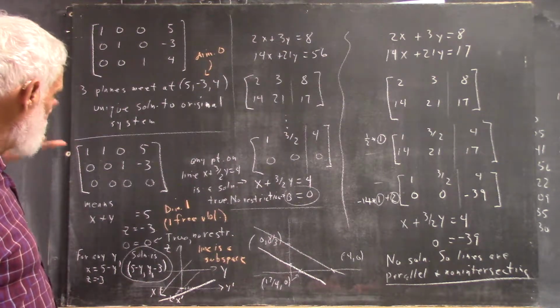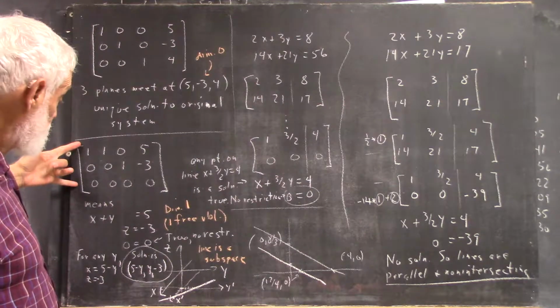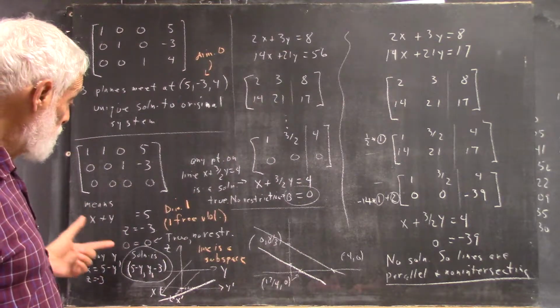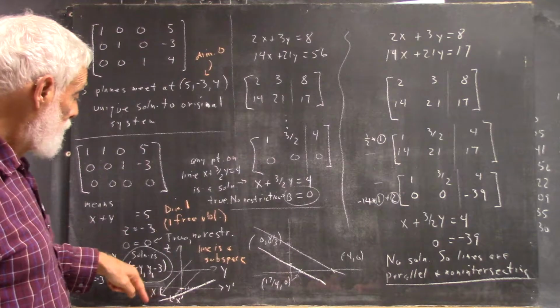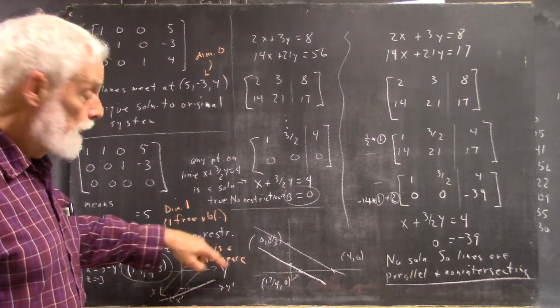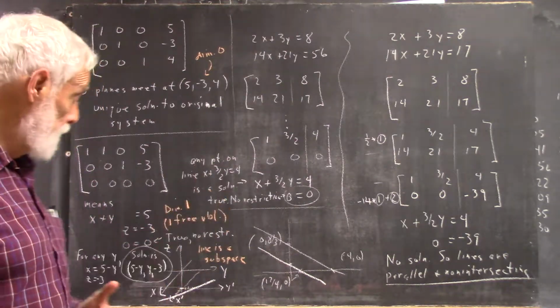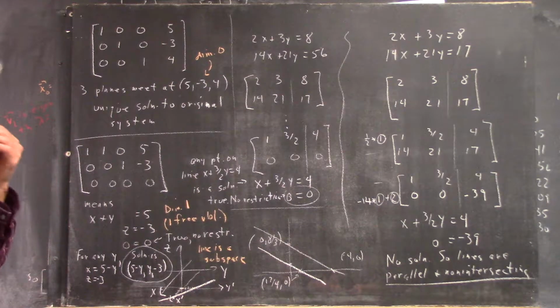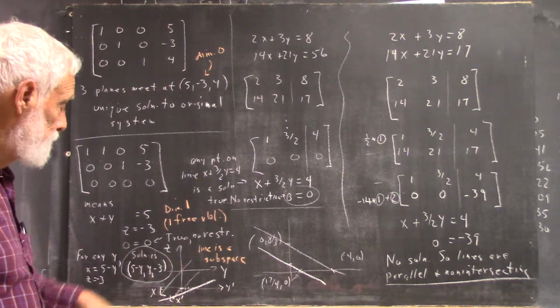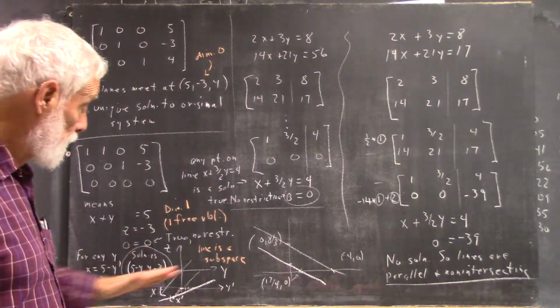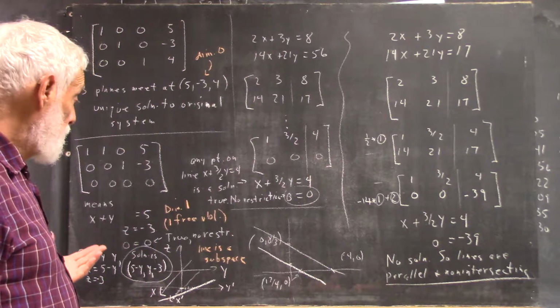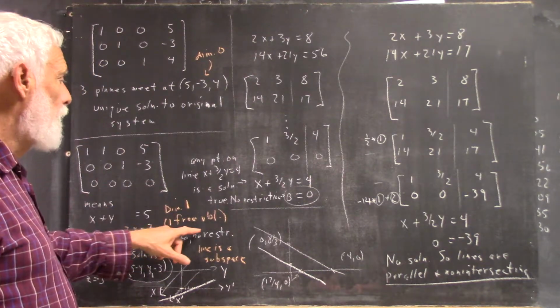Okay, so if our 3 equations reduce to this, and therefore to these 3 equations, that means any point on this line is a solution to all 3 equations. Note that that line has dimension 1. A straight line has dimension 1. And we say we have one free variable.